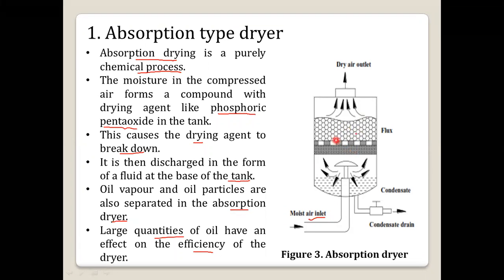That phosphoric pentoxide will break down, and the dry air will then come outside of the dryer. Any liquid or solid condensate will go through this condensate drain. The main purpose is that we have to get dry air at the outlet. Mainly the process is by absorption of the chemical agent, phosphoric pentoxide.